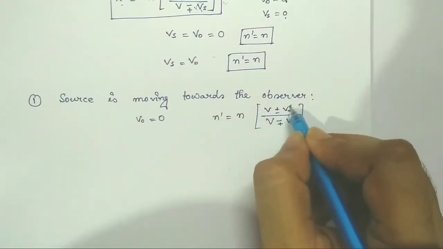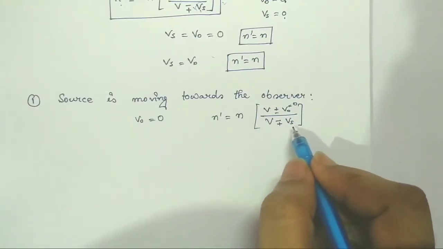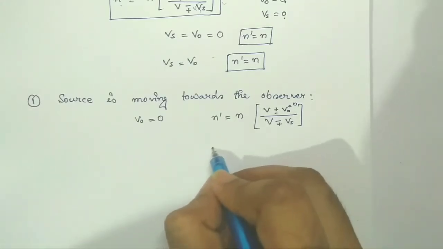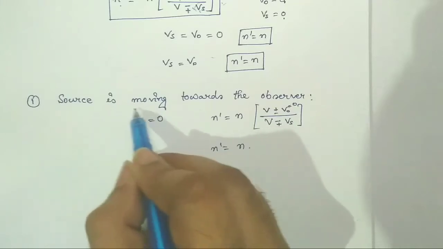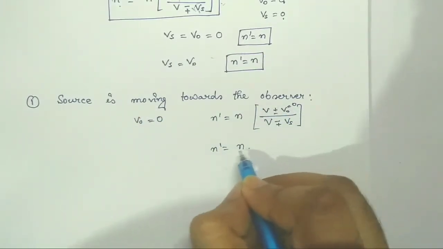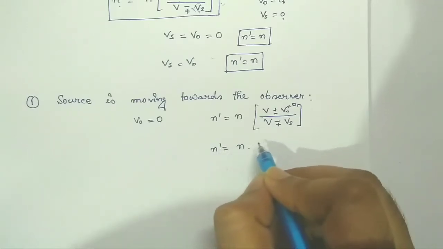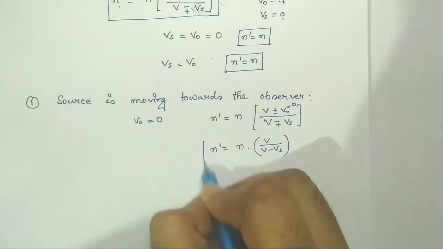Now v0 = 0 and vs is the velocity of the source. Since the source is moving towards the observer, we will consider the upper signs. Hence n' = n v/(v - vs).